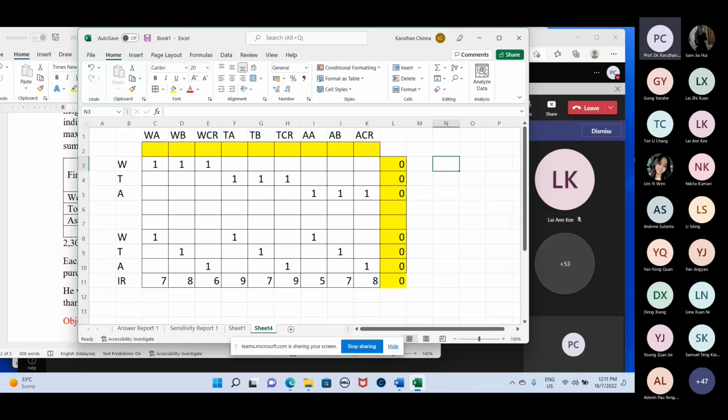Let's say they're willing to give 300,000. Okay, this is, let's say, 800,000. And this is, let's say, 900,000. So this will be the properties, right? What are the properties here?